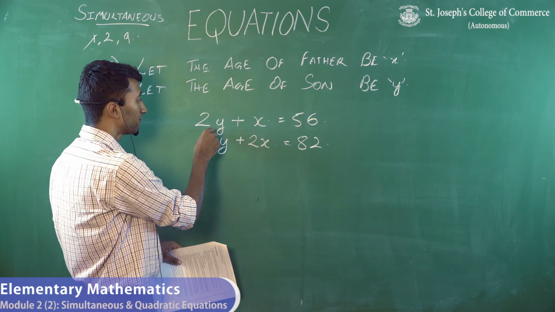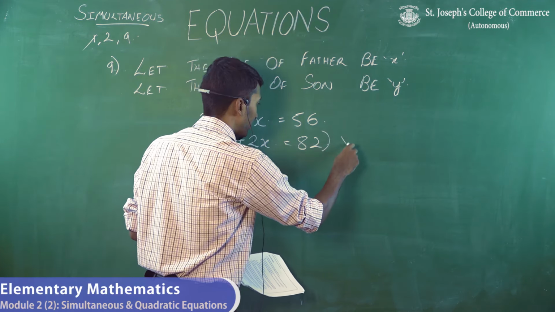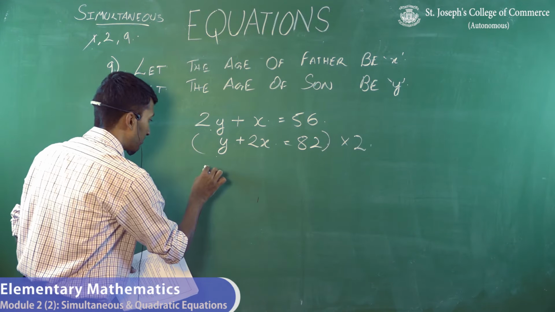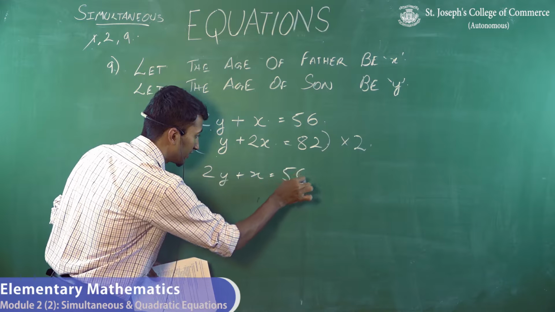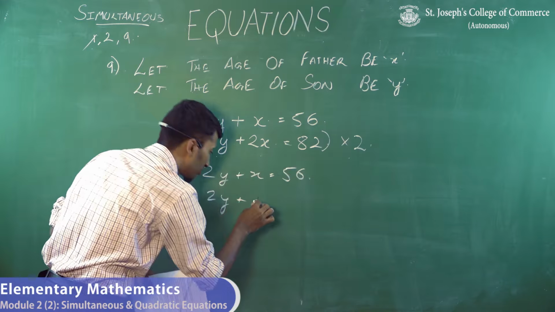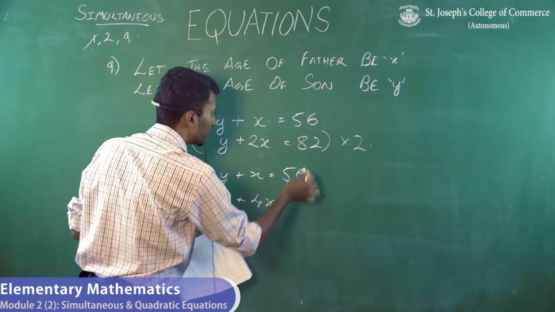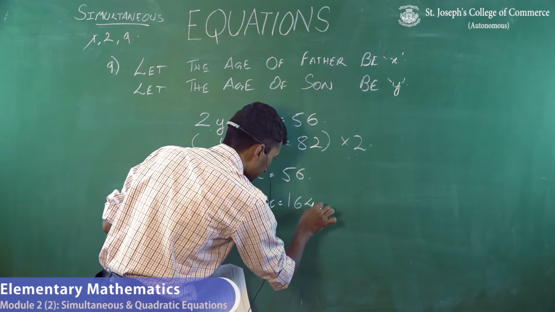So now since you have 2y and y, I'll multiply this equation by 2. So if I multiply this equation by 2, it would be 2y plus x is equal to 56, and 2y plus 4x, since 2 into 2x gives you 4x, is equal to 82 into 2, which gives you 164.